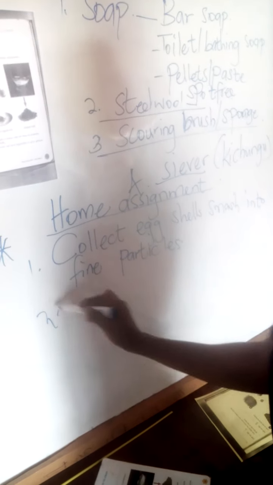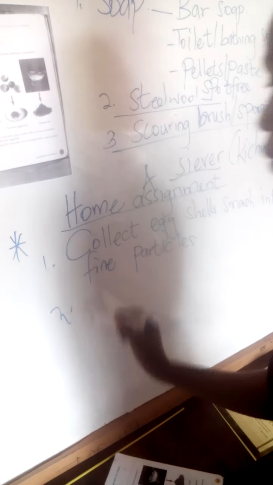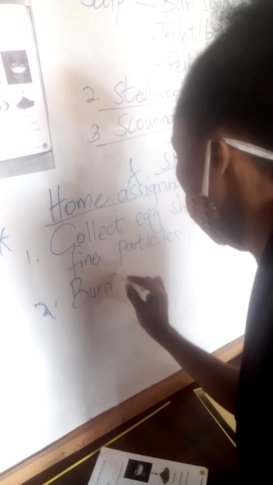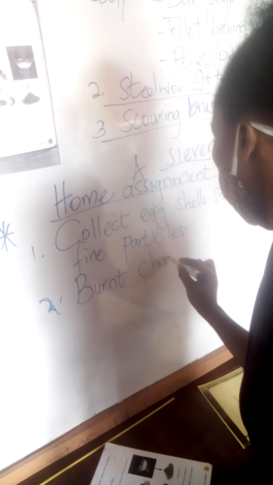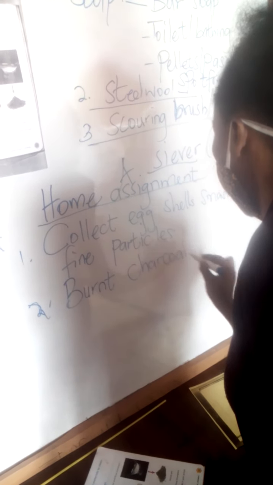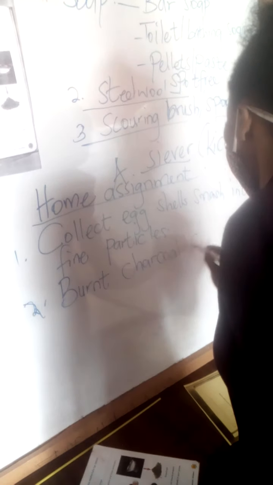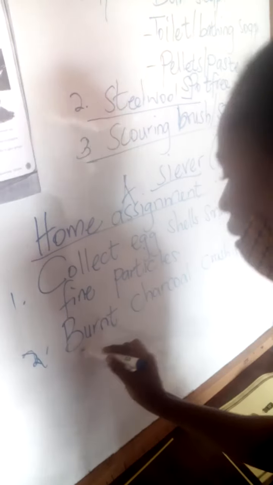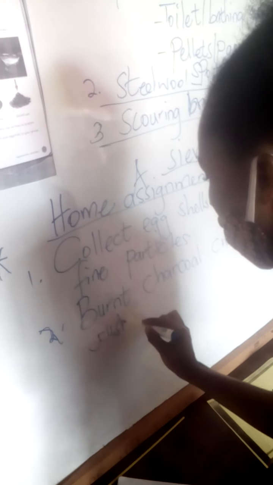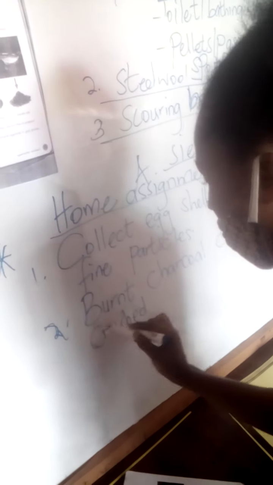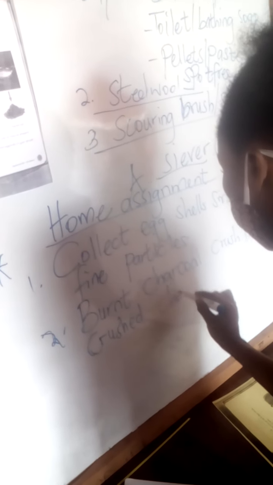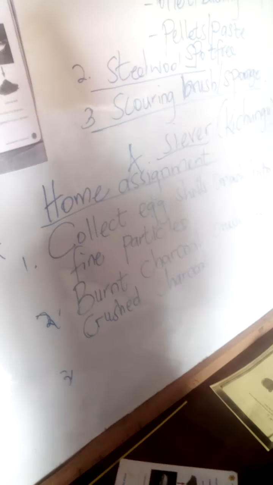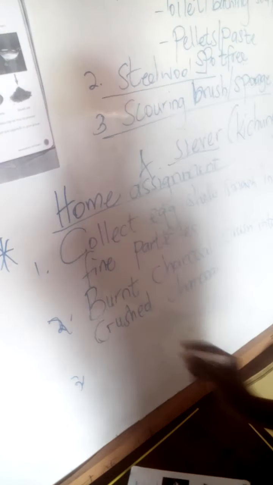The second one, number 2, we're going to collect burnt charcoal. Crush into crushed charcoal. Then the third one, we are going to collect wood ash.